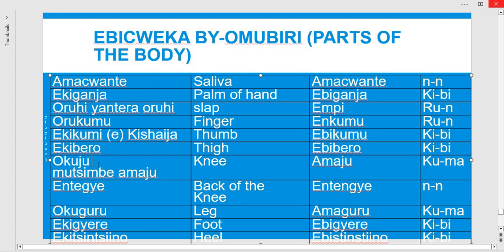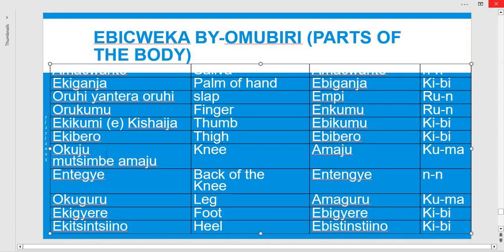So if I say musimba amaju or mutera amaju, I mean kneel down. You get? Kneel down, musimba amaju.